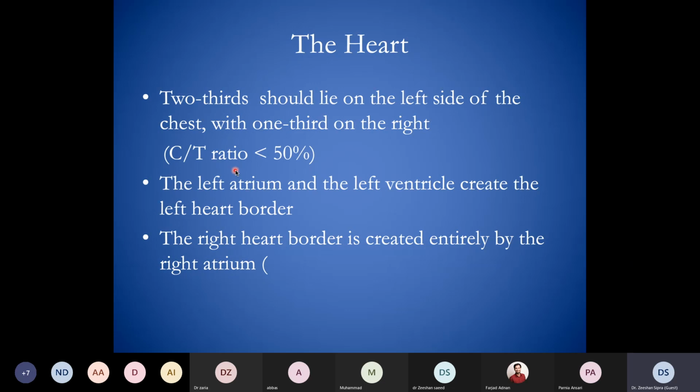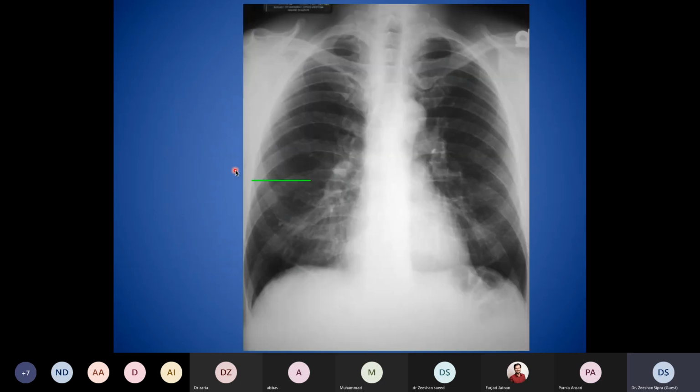I would like you to appreciate the previous anatomical figures which make the right heart border. I feel you will have remembered that over here this was part of the arch of aorta, ascending aorta, and over here this was the right atrium. Mainly the right heart border is formed by the right atrium, not the right ventricle.